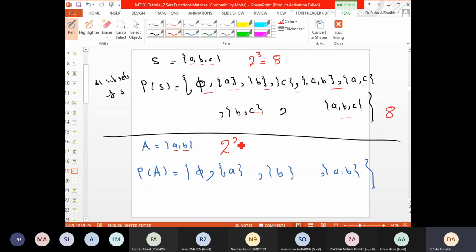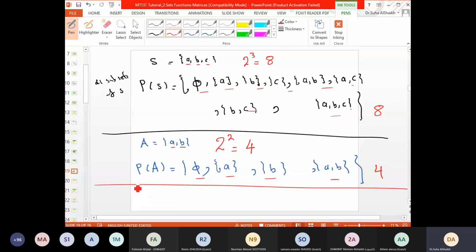What is 2 to the power 2? 4. How many subsets came out here? 4. So we have a rule. If the cardinality of A, the size of A, is n, then the cardinality of the power set of A is 2 to the power n. So this is a rule.